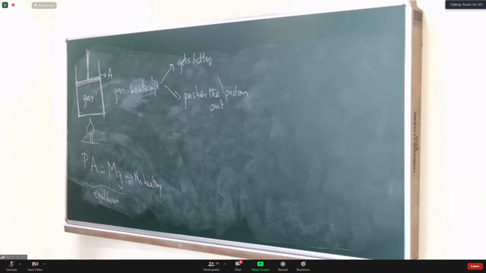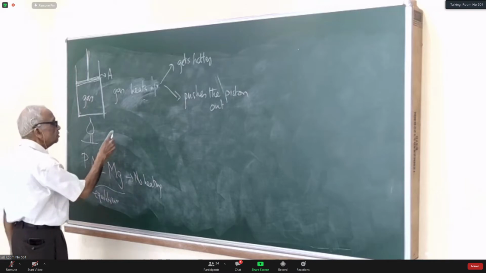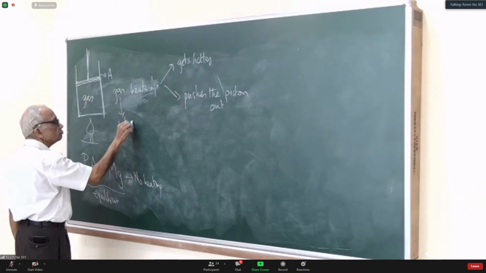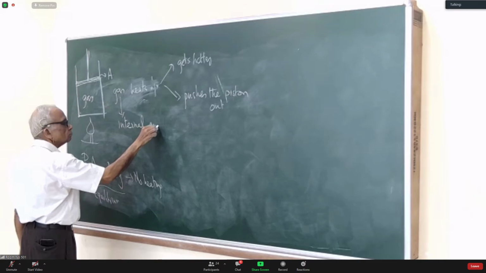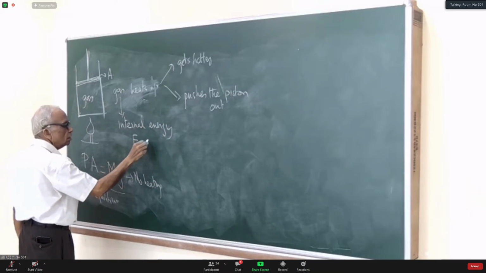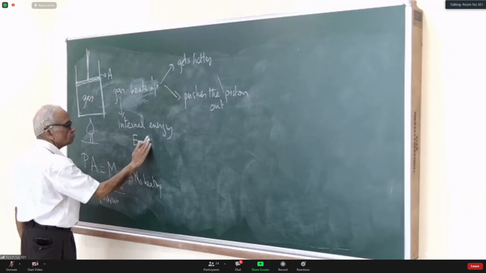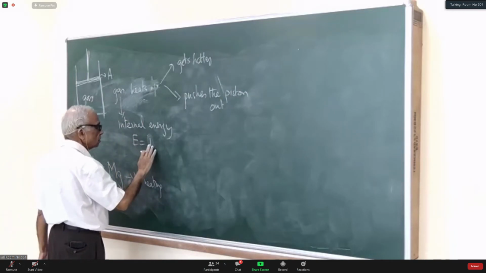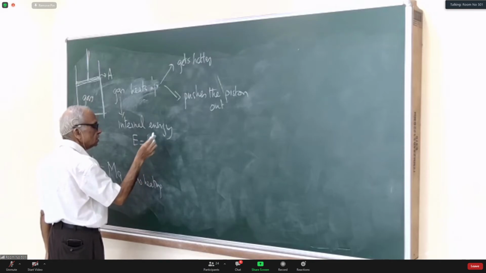Now the gas gets hotter. What property do I know of the gas from kinetic theory? The gas has internal energy, which is E equal to, for a monoatomic gas, 3/2 NkT.